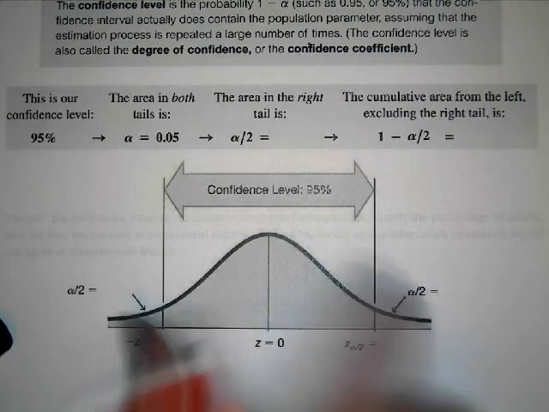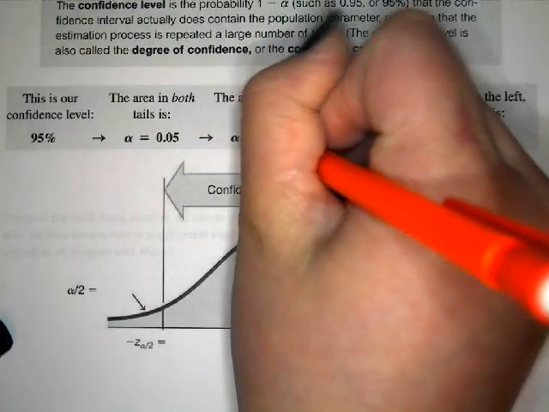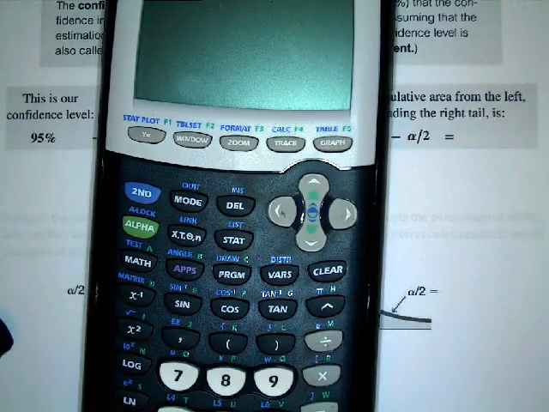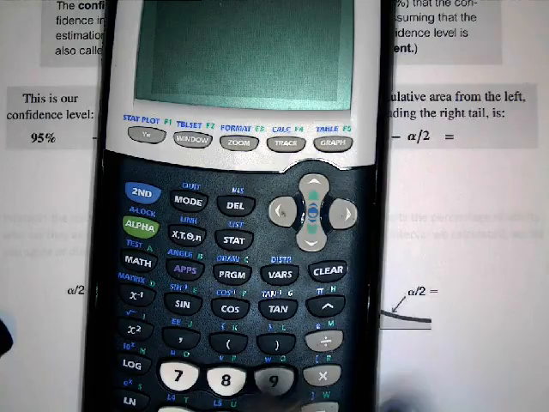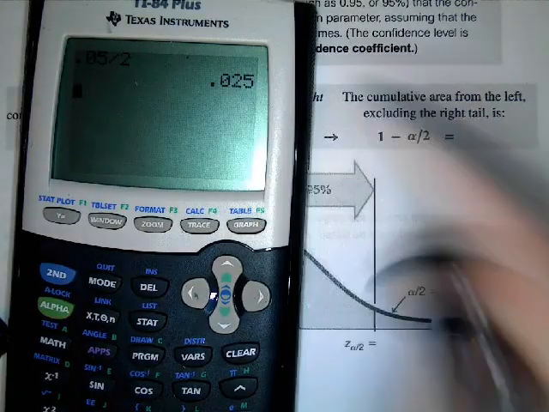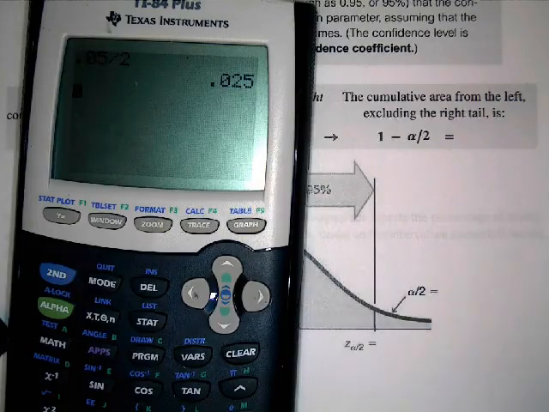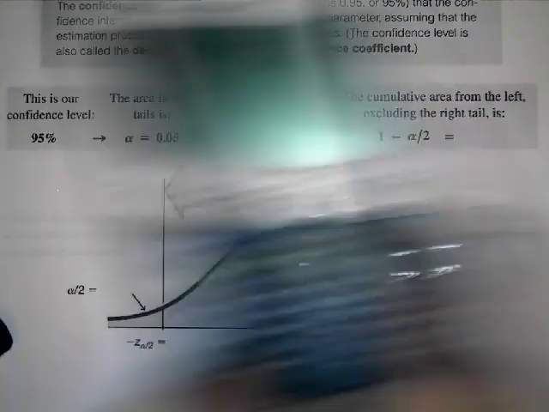So if we take the 0.05 and divide it by 2, then we have 0.025 on the lower end of our range and 0.025 on the upper end of our range of these values that could be outliers or could be outside of our interval.